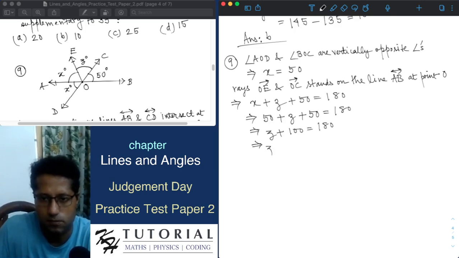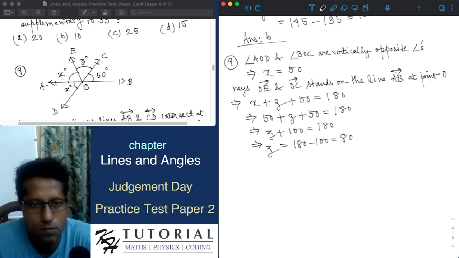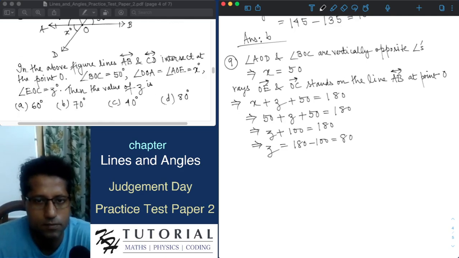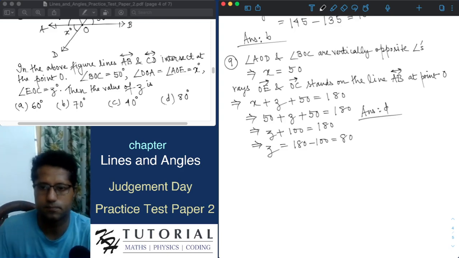This implies z equals 180 minus 100, which is equal to 80. So the question has asked the value of z. The answer is choice D. z is 80.